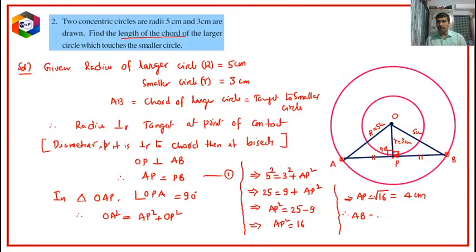So the AB chord will be equal to 2 times AP. Why? Because AP and PB are both the same. Already we calculated the AP length, which is 4. So 2 into 4 finally is equal to 8 centimeters. Therefore the length of the chord AB will be how many centimeters, children? Yes, it is 8 centimeters.